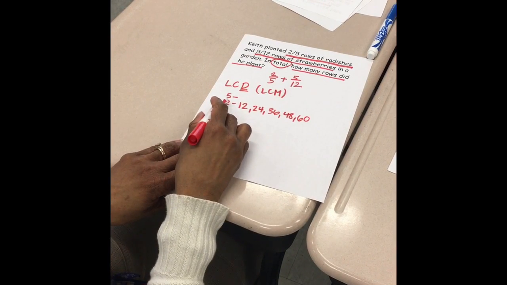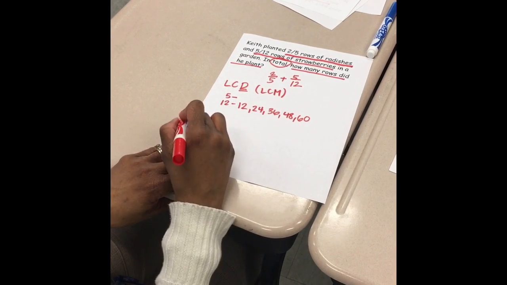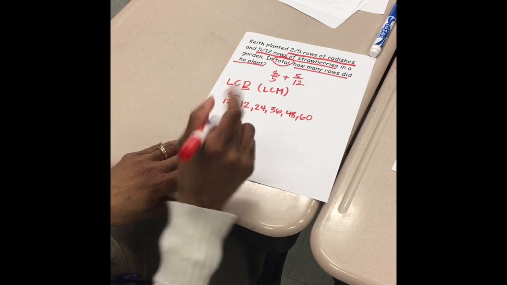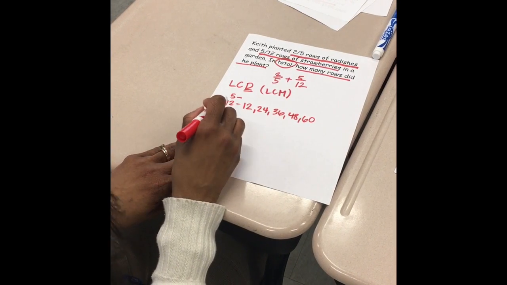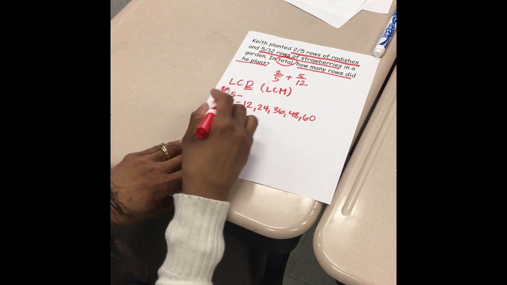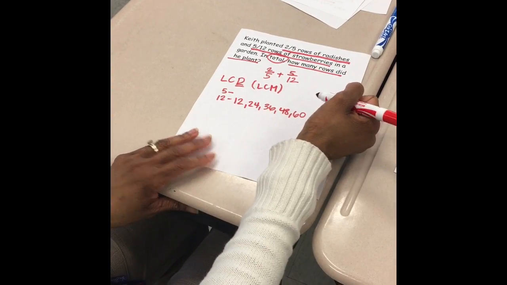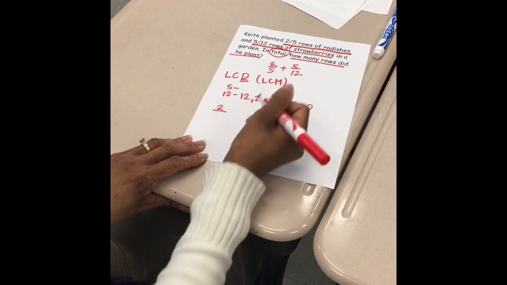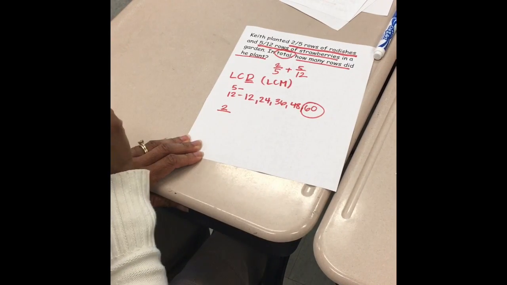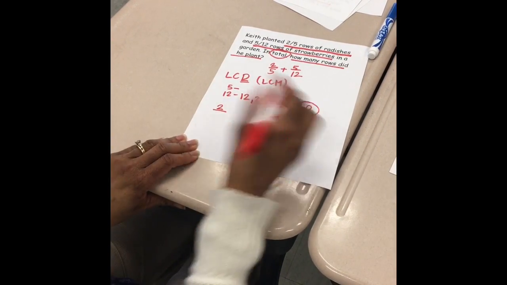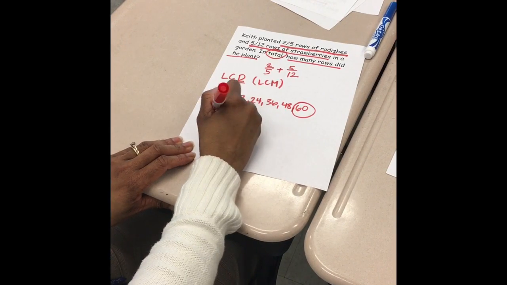Now, when I look at 5, I know I have a long way to go until I get to 60. But I do know that there is a number I can multiply by 5 to get 60. You got it. 12 times 5. So we already know our least common denominator or multiple is going to be 60.